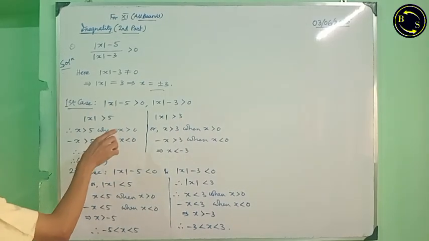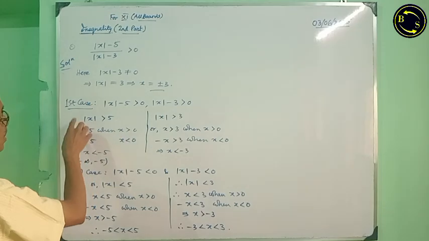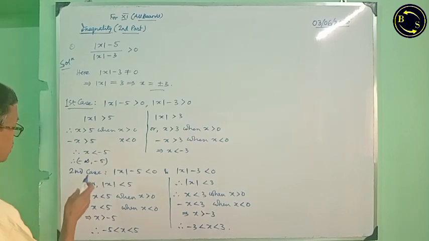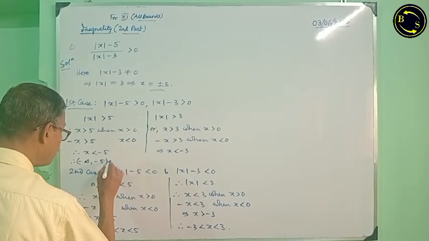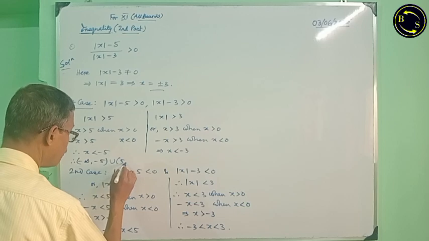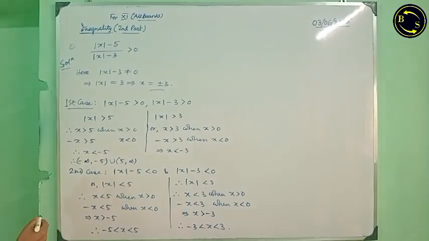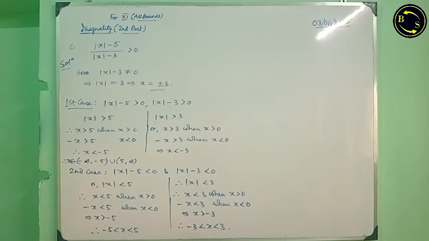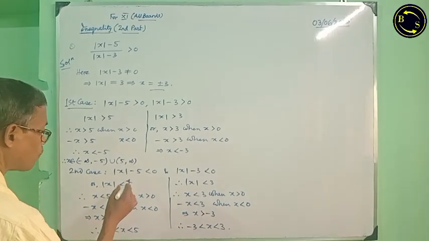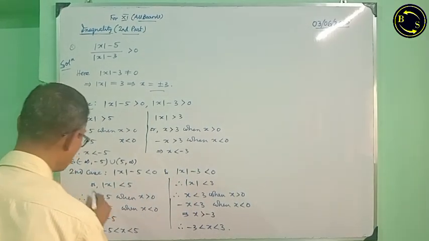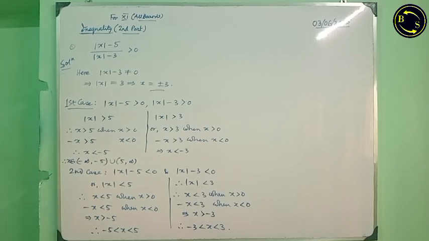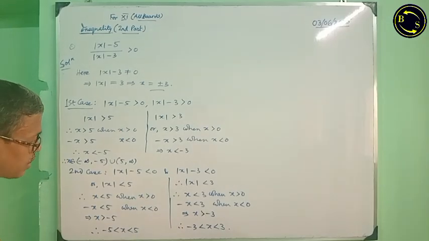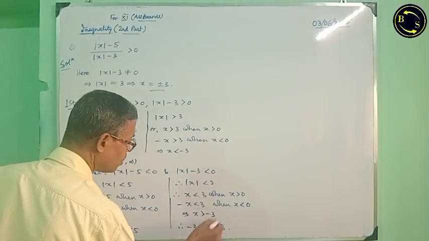That means the common solution region will be obtained from this one, and from the second case, we see mod x less than 5, mod x less than 3, we shall get the common solution region, this one.